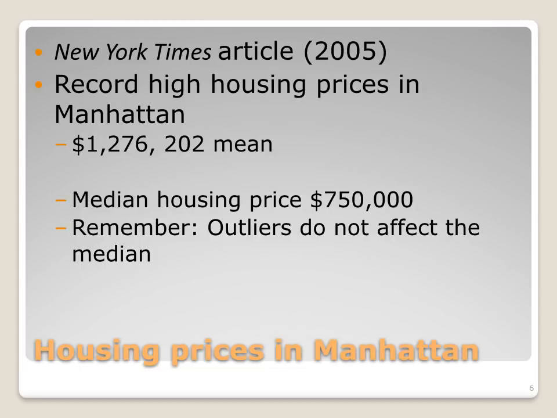However, on closer inspection, the median price of a home was really $750,000. Remember that outliers do not affect the median. So the mean housing price was inflated by a few outlier homes that sold for millions of dollars, such as the $7 million apartment sold by Gwyneth Paltrow. So we want to use the median when we have a skewed distribution, or a distribution with outliers.